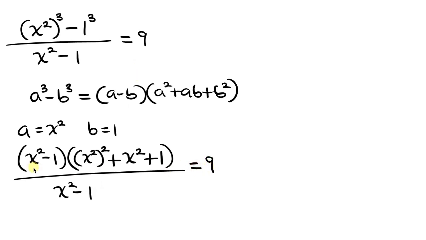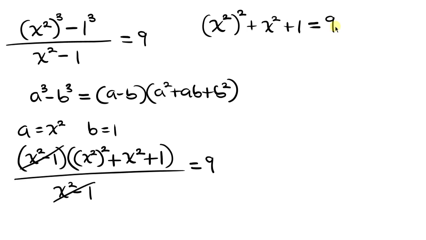Now notice that x squared minus 1 can cancel off x squared minus 1, so that we have x squared all raised to the 2 plus x squared plus 1 to be equal to 9.